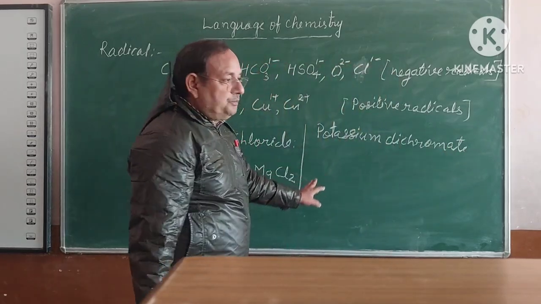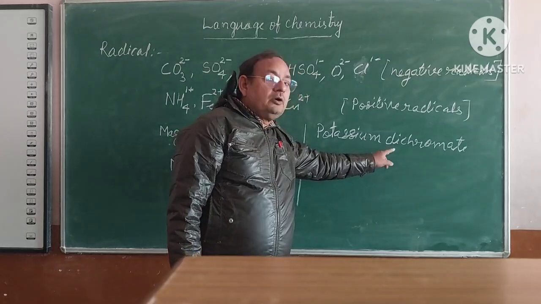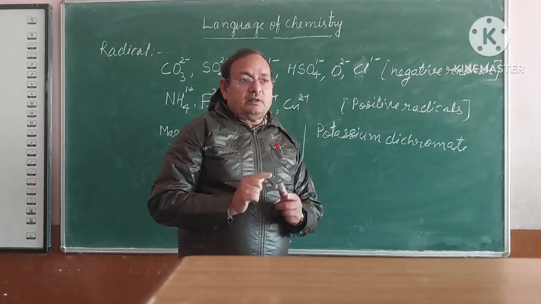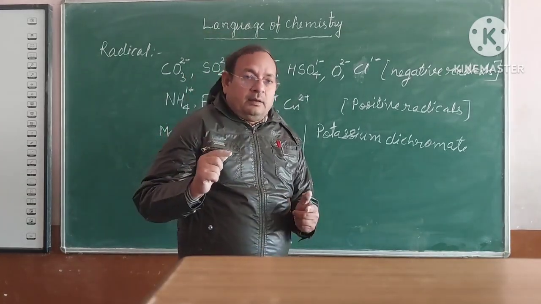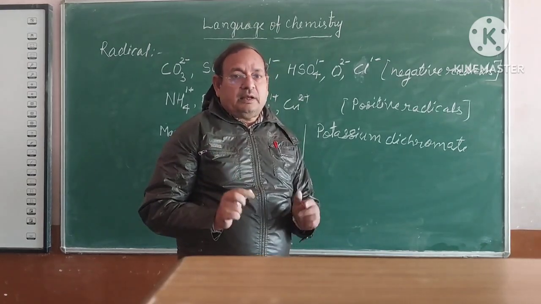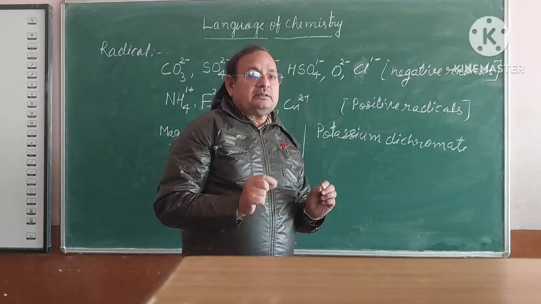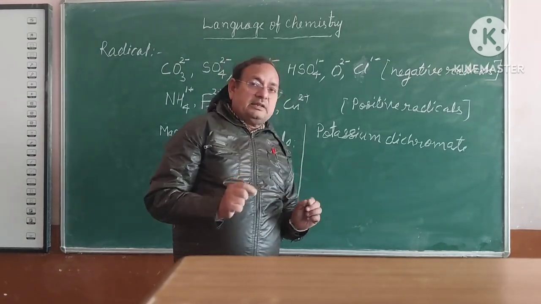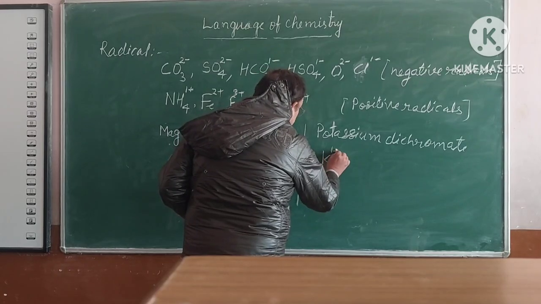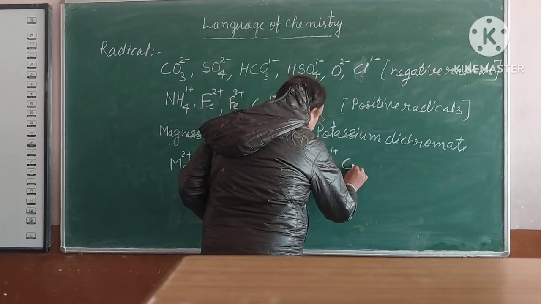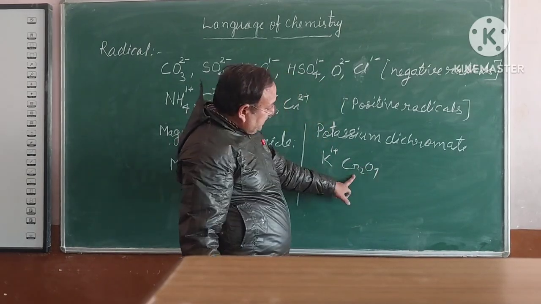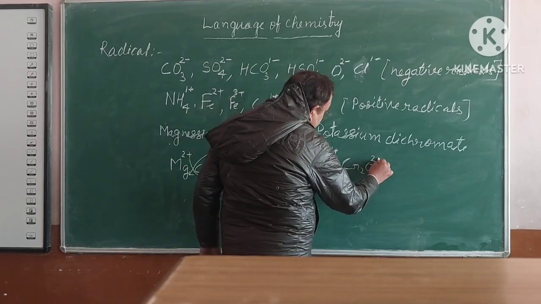For writing the formula of potassium dichromate, first of all you have to know the radicals: potassium is an electropositive radical and dichromate is an electronegative radical, and you will write these radicals side by side. The potassium radical is K1 plus, and the dichromate radical is Cr2O7. This is the dichromate radical, and it has 2 unit charges.